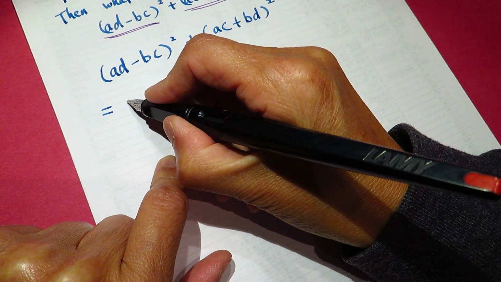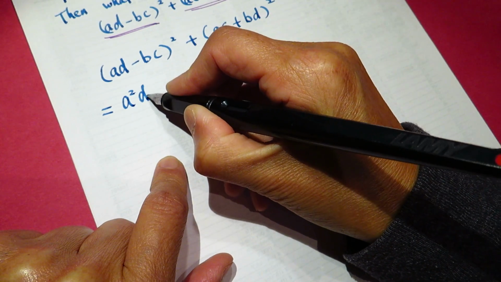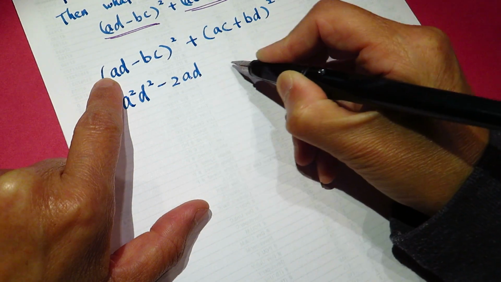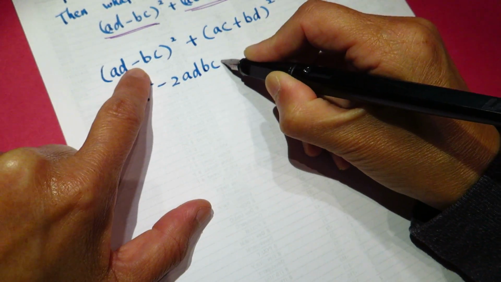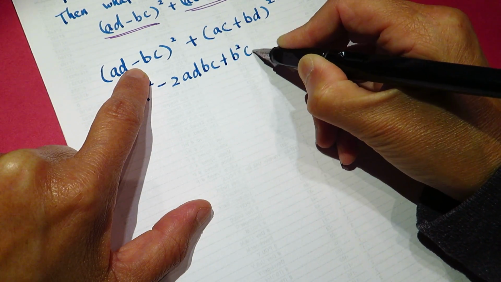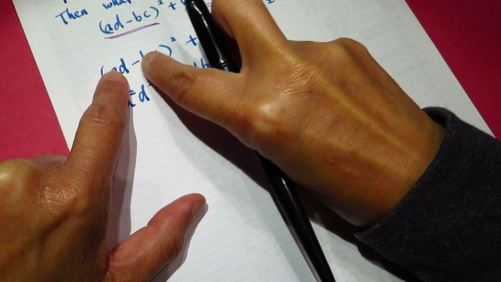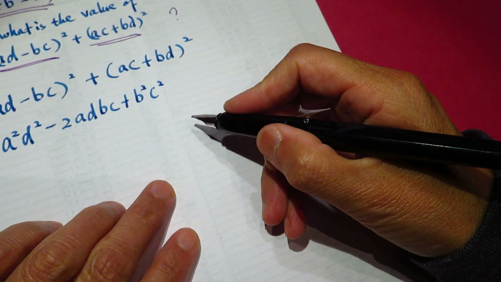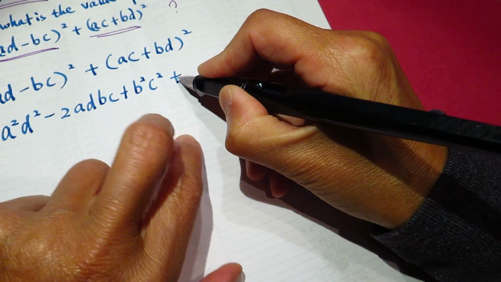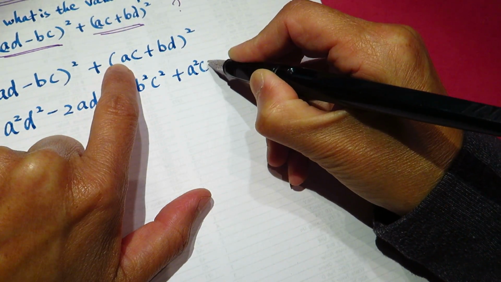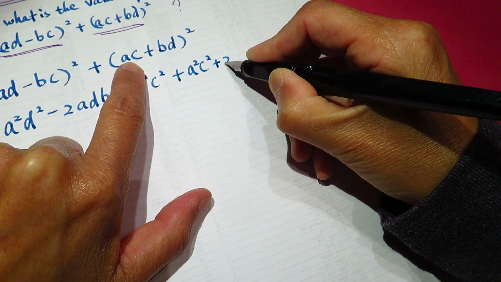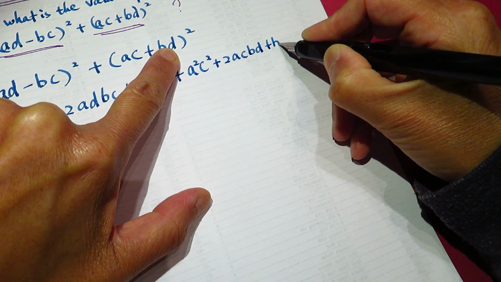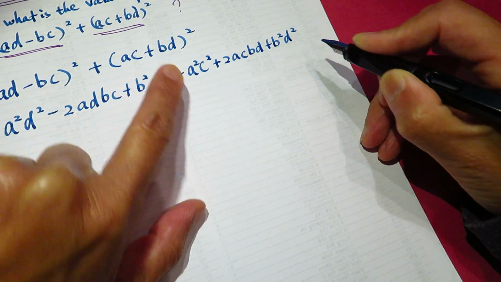The first one squared is a squared d squared minus 2adbc plus b squared c squared, right? So we open up the first one. And now we open up the second one: plus a squared c squared plus 2acbd plus b squared d squared.